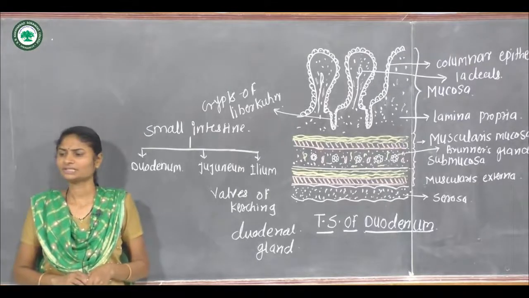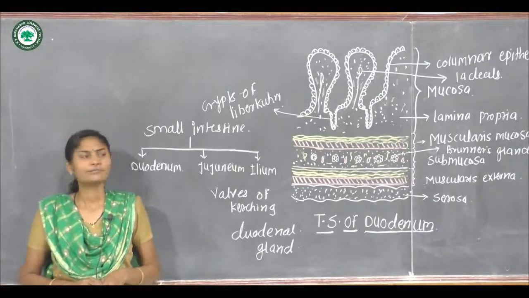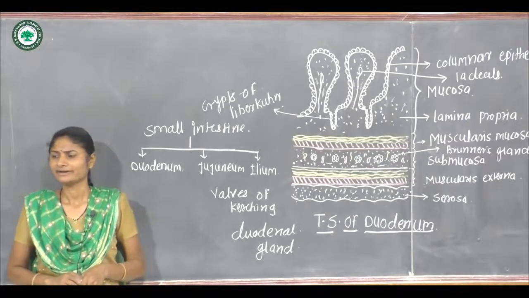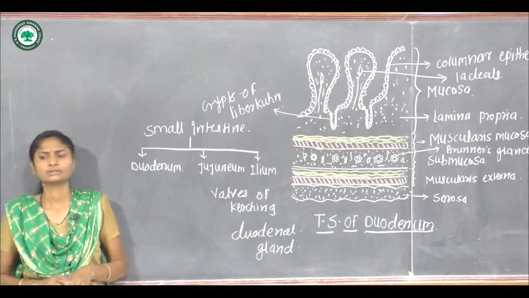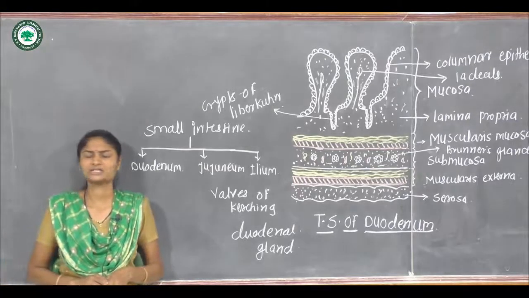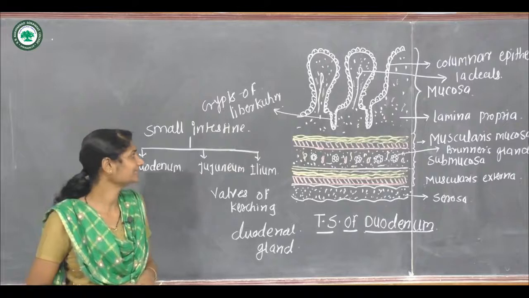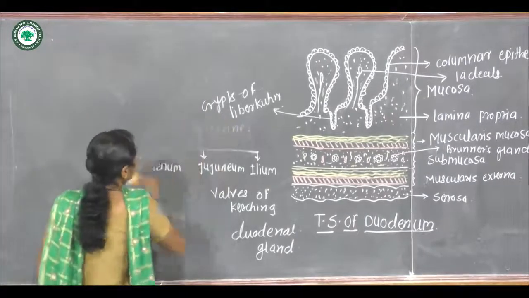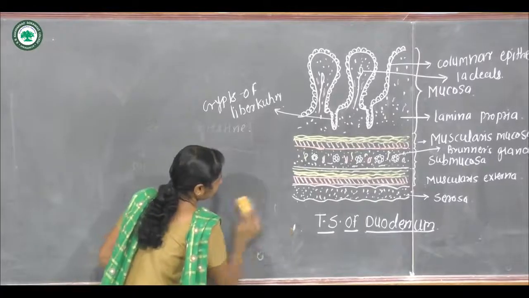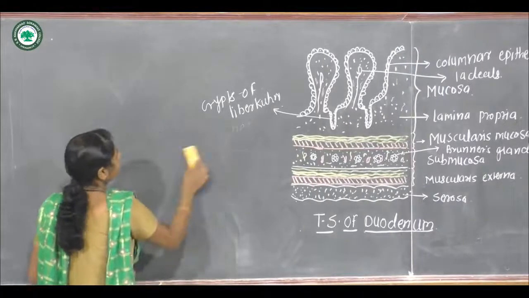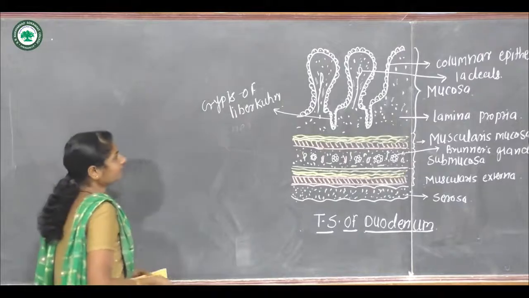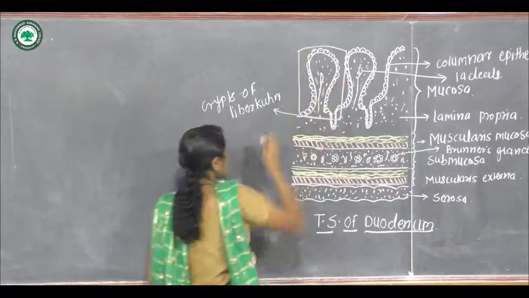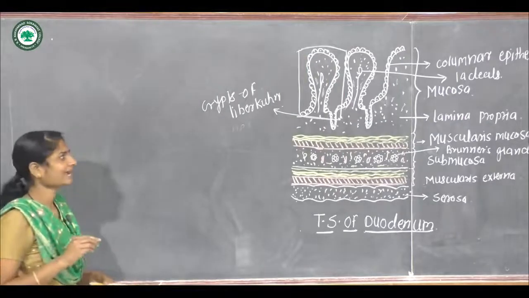When we cut a section, here we look at villi and intestinal glands in detail. This cut section shows villus and crypts.